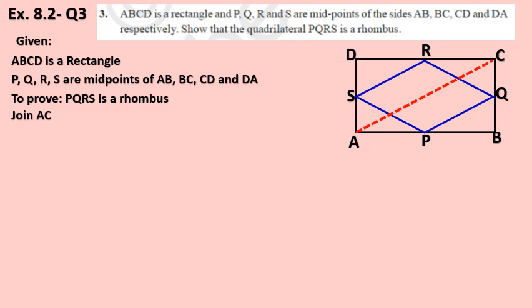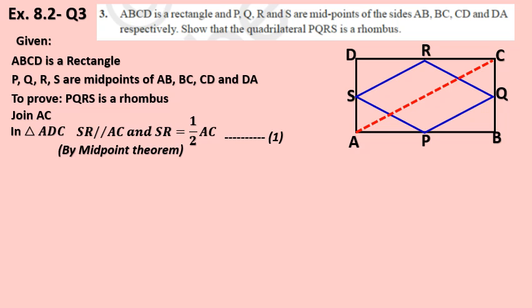So let us join the diagonal AC. Now in triangle ADC, we know that SR is parallel to AC, because S and R are midpoints. So by the midpoint theorem, SR is parallel to AC and SR is equal to half of AC.